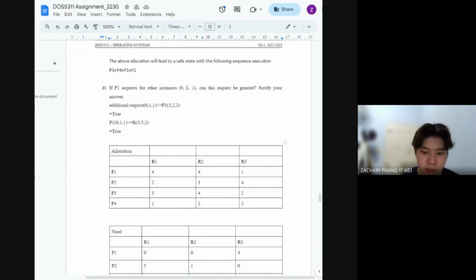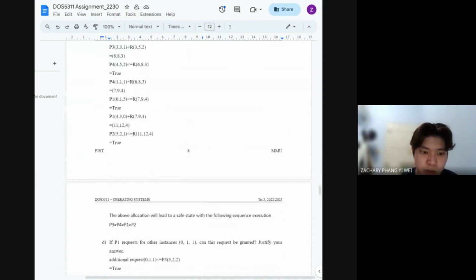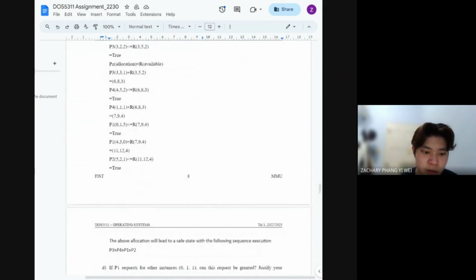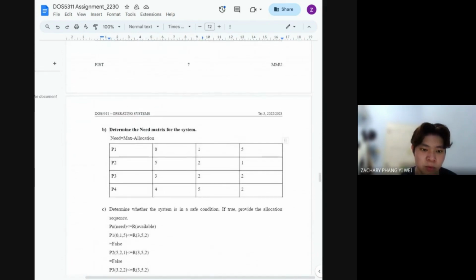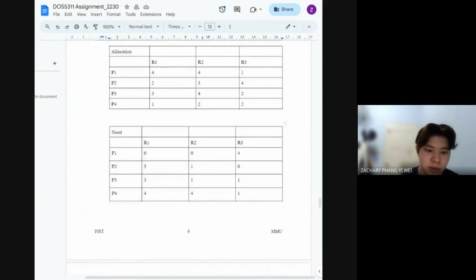For need, you take need minus the additional request, so in this table you subtract 0, 1, 1. You see 1, 2, 2, 5 here, you minus the 1 in the middle, so it becomes 0, 1, 1, 4.